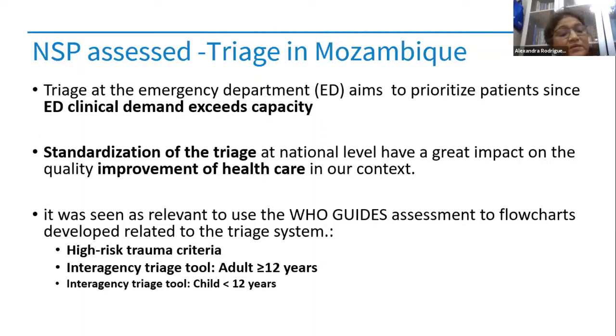We are working on this because we have to get the standardization of the triage at the national level, and we are looking for the improvement of healthcare in the national Mozambican context. The triage is a constraint since the ED clinical demand still exceeds the capacity of the resources available.